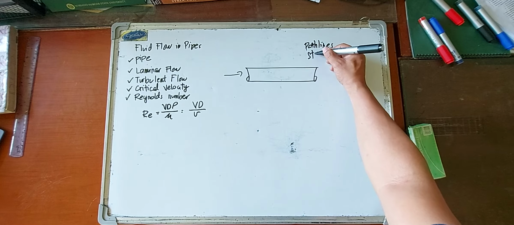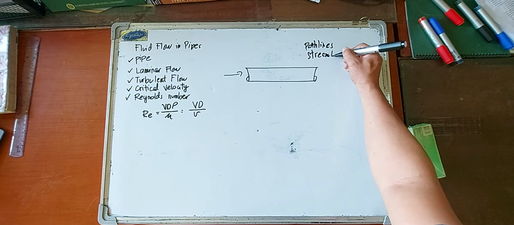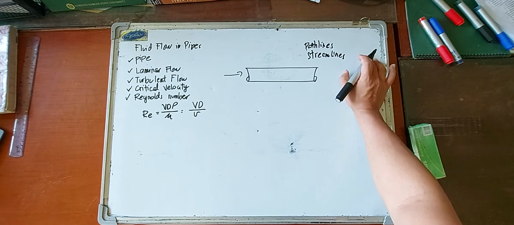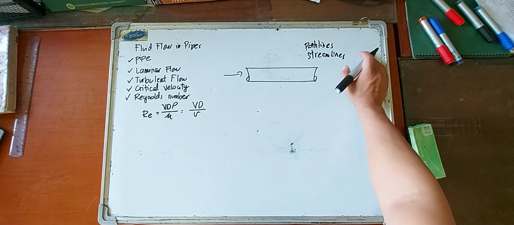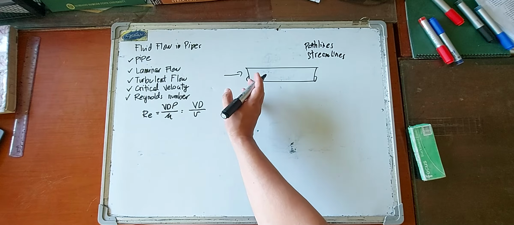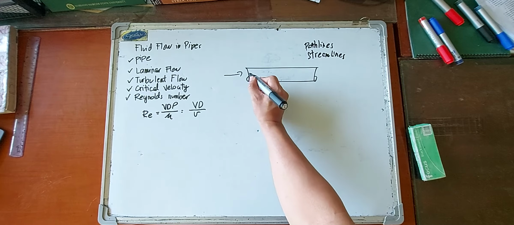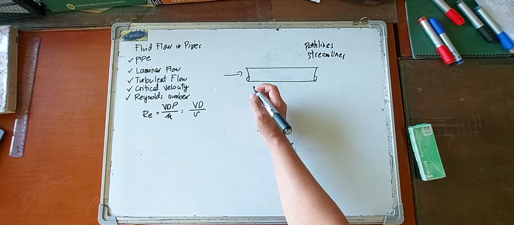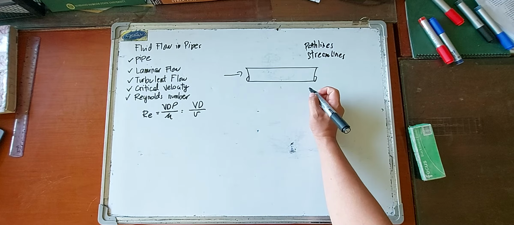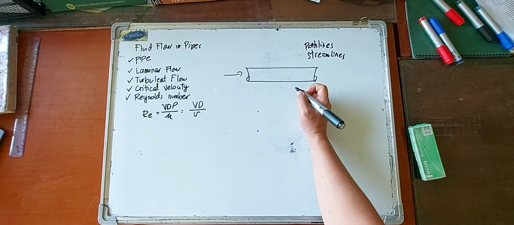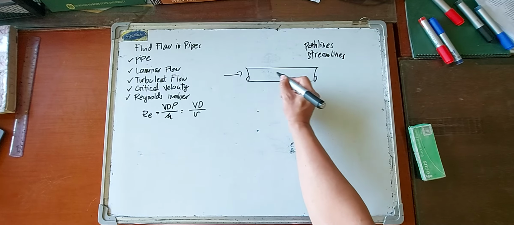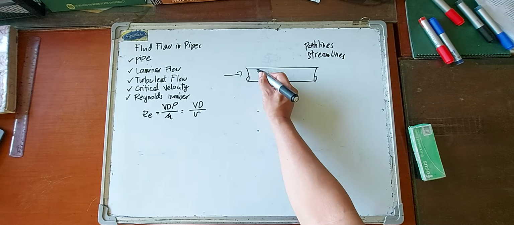Path lines or streamlines, these are imaginary lines which are drawn to somehow identify yung path ng particles ng liquid.